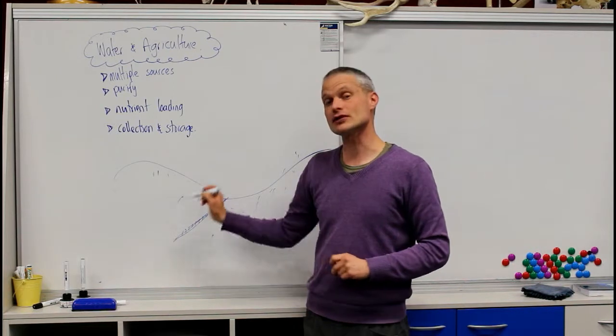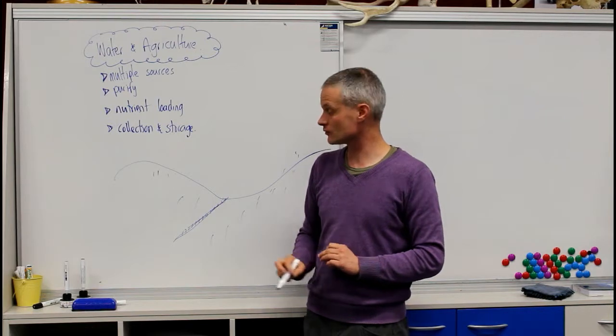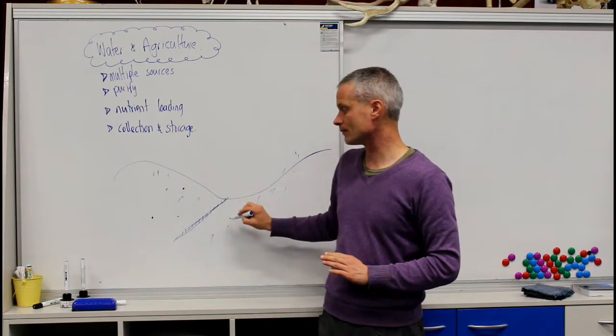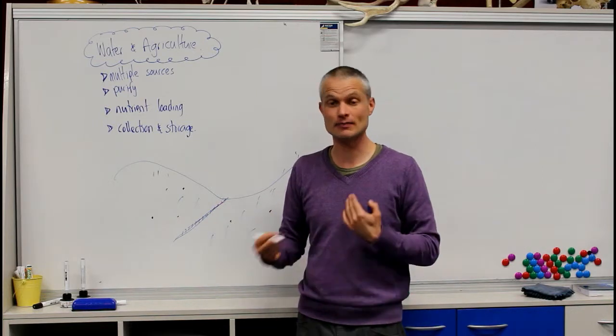But as far as nutrients movement through that whole landscape goes, you've got to be aware that you've got to treat the point source of those sources of the nutrients within that whole catchment to be able to manage it effectively.